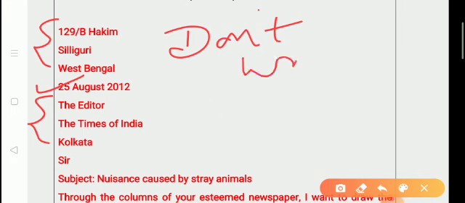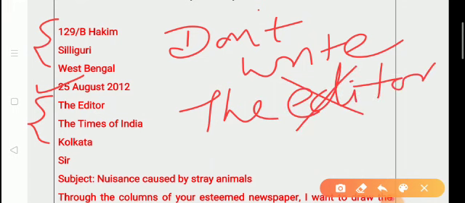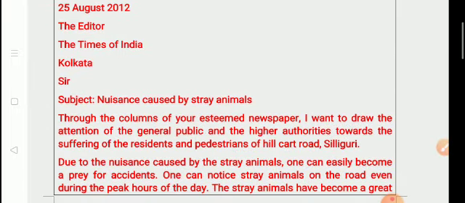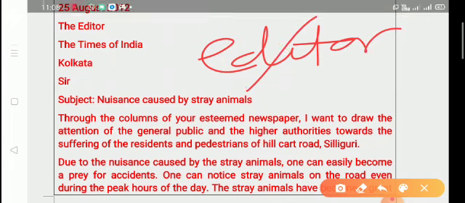They commit a lot of mistakes. Sometimes they write the editor with a small e. Don't write a small e. It should be capital. The initial word of the editor, T capital, E capital. Okay.